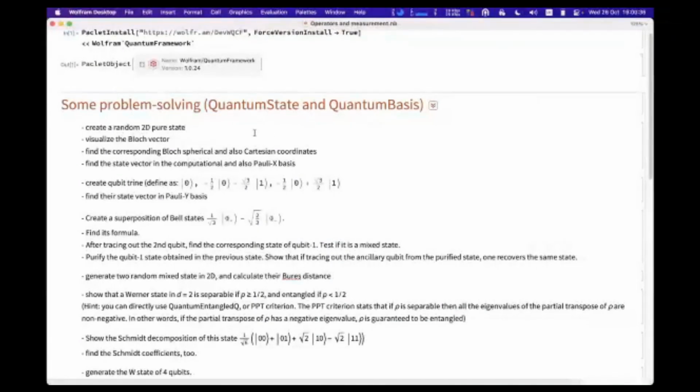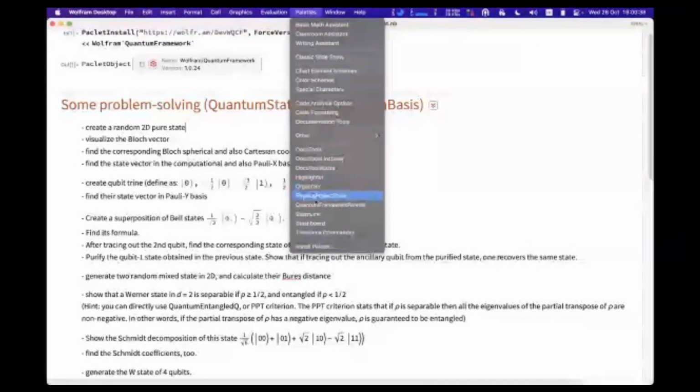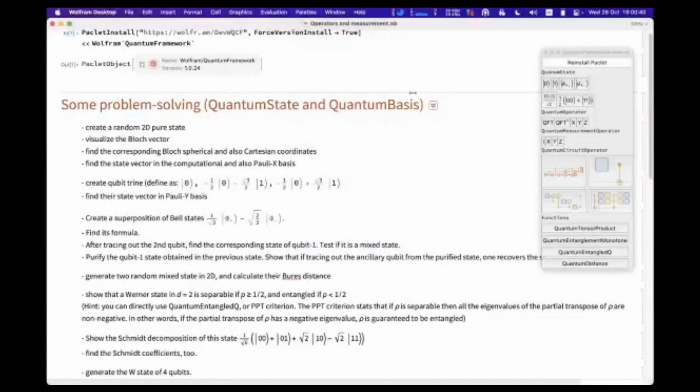By the way, what you just saw on the right side of the screen is a palette. Under the palettes, after installing Quantum Packlet, you should be able to see that palette. Some of you asked how you can easily see the patterns for relevant definitions.